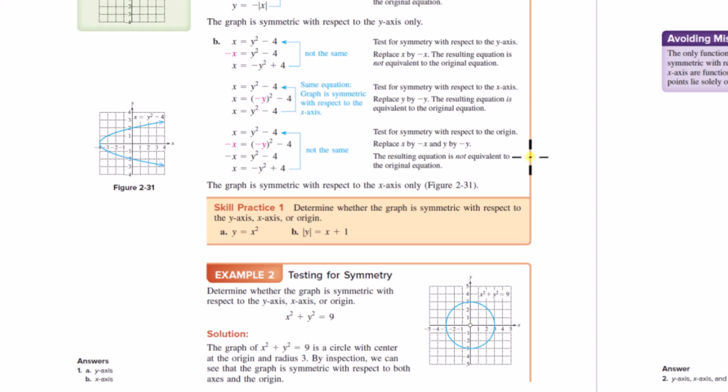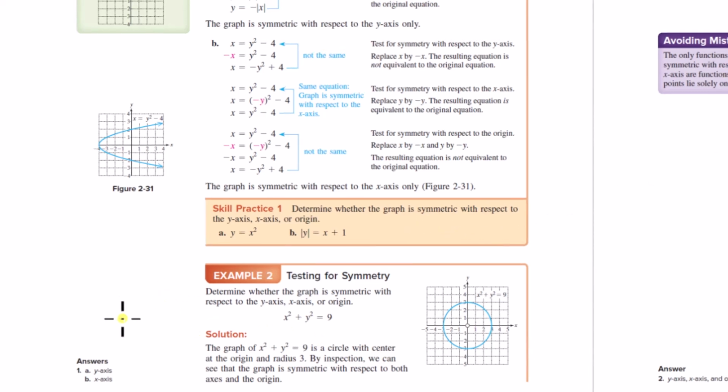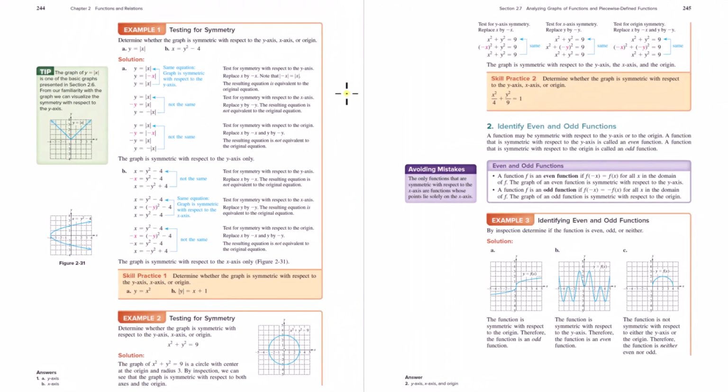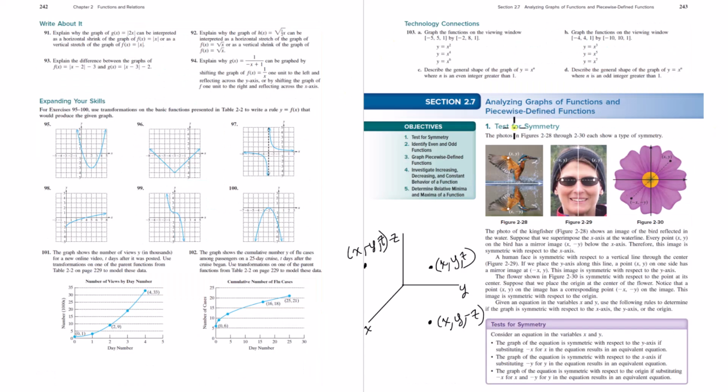I would have liked if they would have given a general equation that was symmetric about the origin, but not symmetric with respect to the x and y axis. They didn't. So let me do that first before we go to the next section. All we're doing at the moment is we've learned about this idea of symmetry, how any equation, function or not, can have symmetry to it.